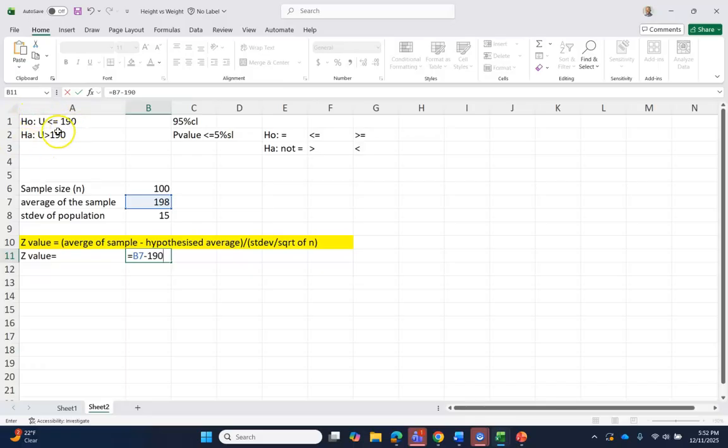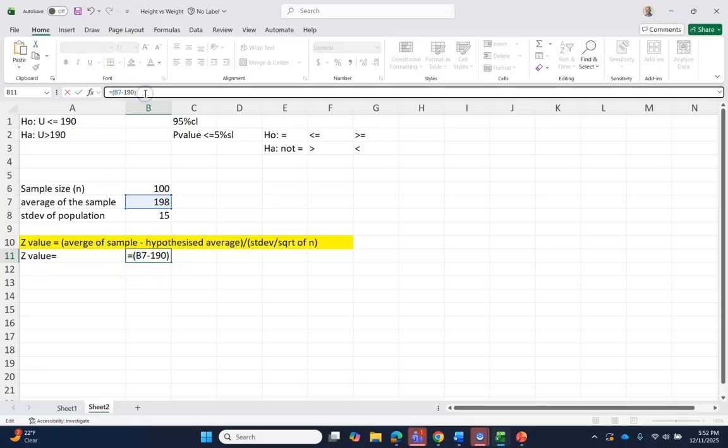I was supposed to organize this clearly. But anyways, so I'll close the bracket. And then I will divide this and put one more bracket. And so that will be the standard deviation of the population divided by the square root, SQRT.